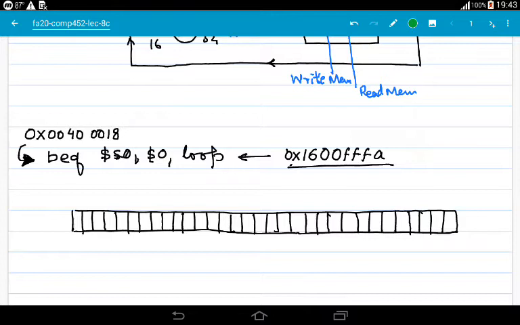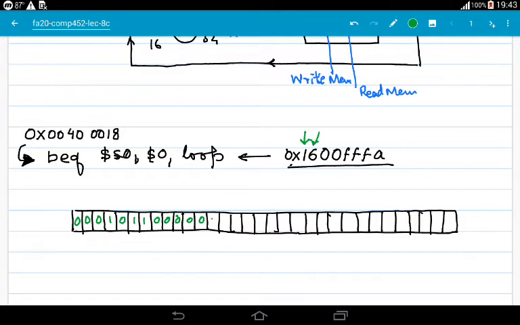So this one is 0001, then we have 6, which is 0110. Then we have 0, which is 0000.